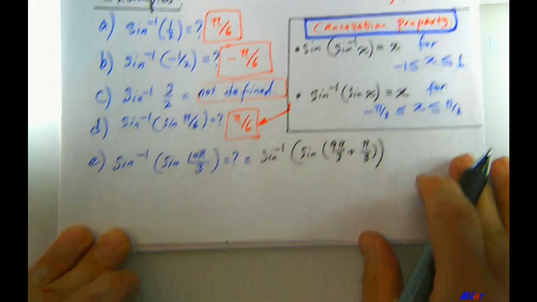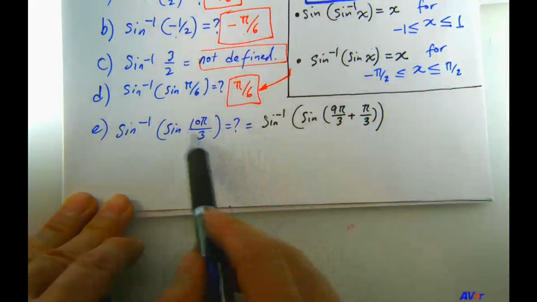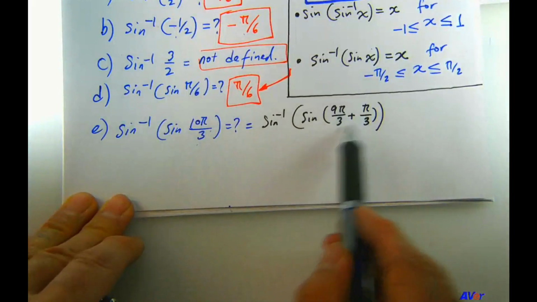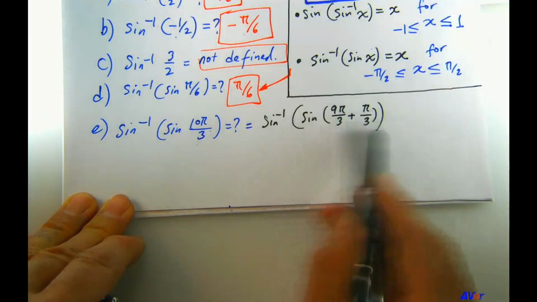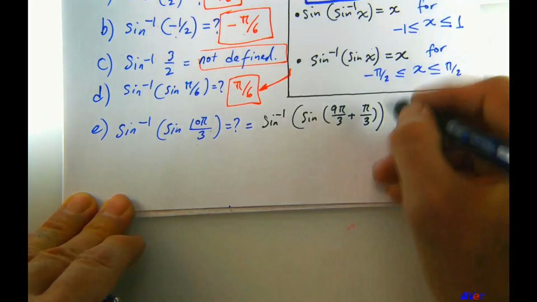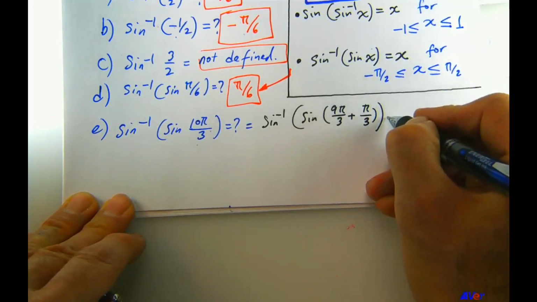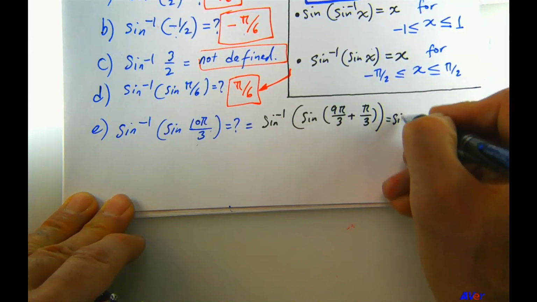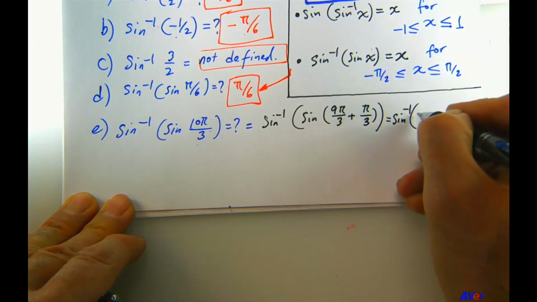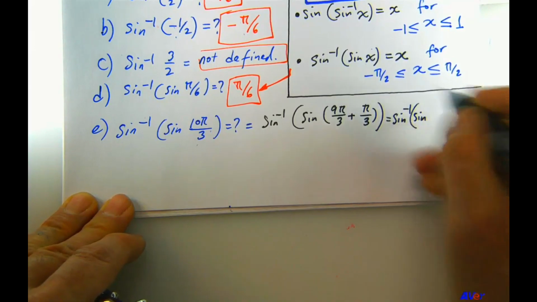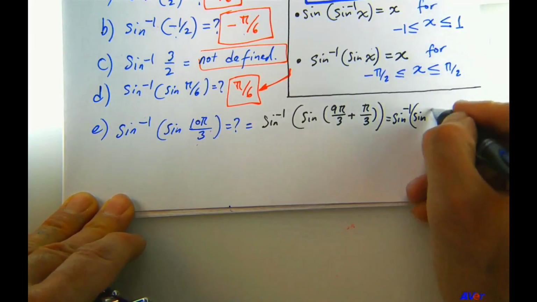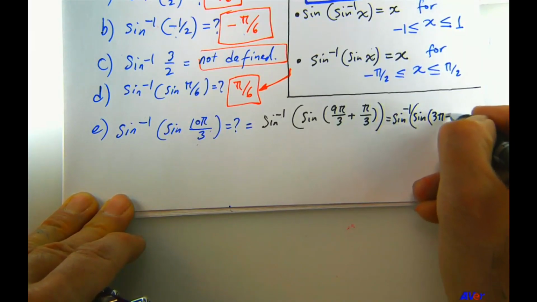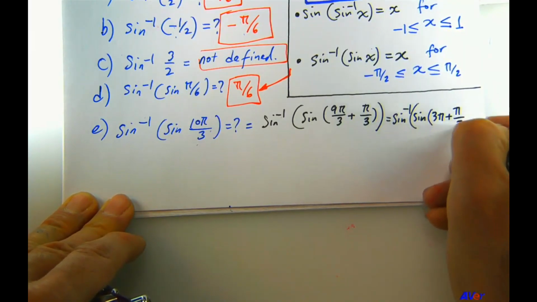So I broke 10 pi over 3 into 9 pi over 3 plus pi over 3. We can do that, right? That's 10 pi over 3. It's the same thing. And that is equal to inverse sine of sine of 3 pi plus pi over 3.